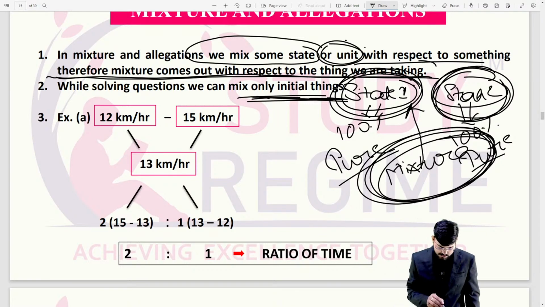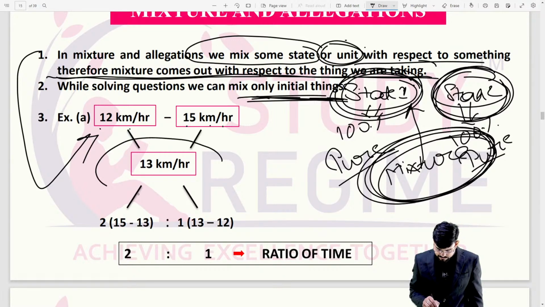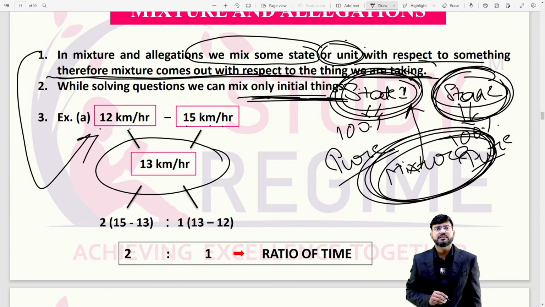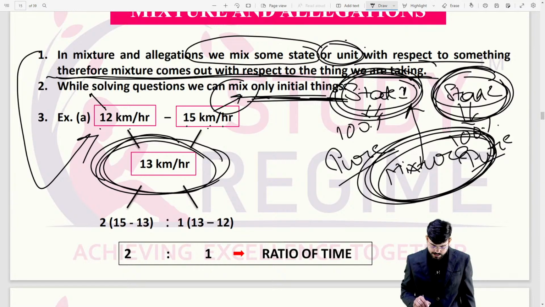Okay. For this point number 1, let's take an example. Suppose a car is moving at a speed of 12 km per hour. Later on, the car is moving at 15 km per hour. Now, if I want to find the average speed of the car during the entire journey, since this is the minimum speed and this is the maximum speed, the average comes out to be in between. 13 is the value which comes between 12 and 15.